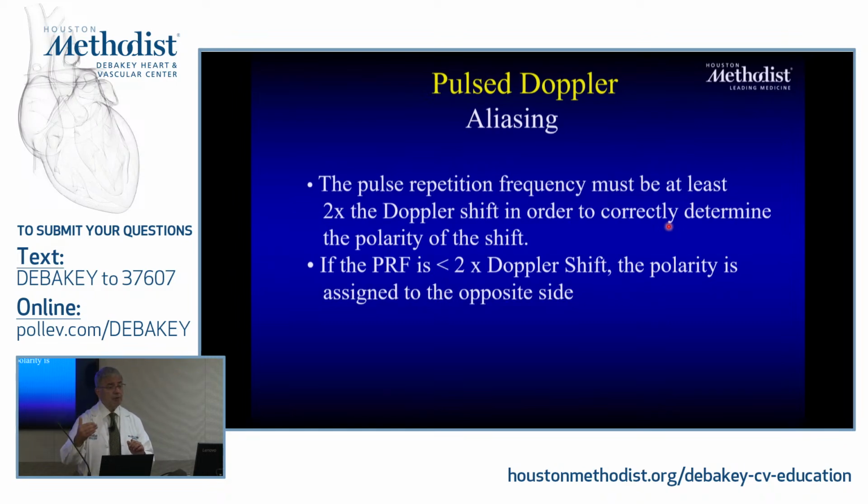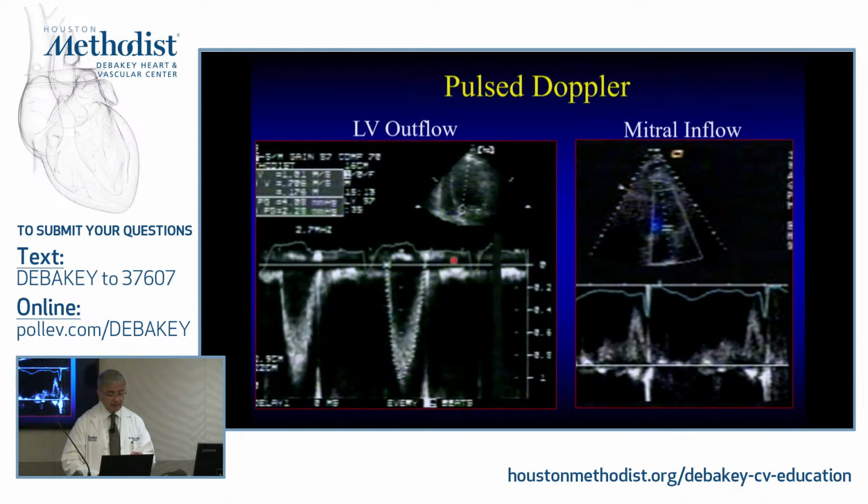So this is called a pulse repetition frequency. If the velocity in the LV outflow tract is very, very fast, I may not be able to solve it because my pulse repetition frequency cannot be that high. Why? Because it's too deep. And this is where you get aliasing. I can't tell the velocities.